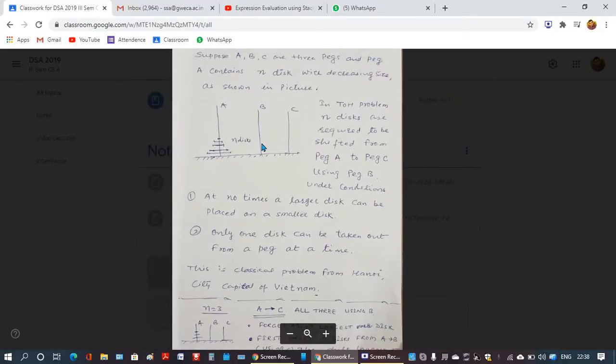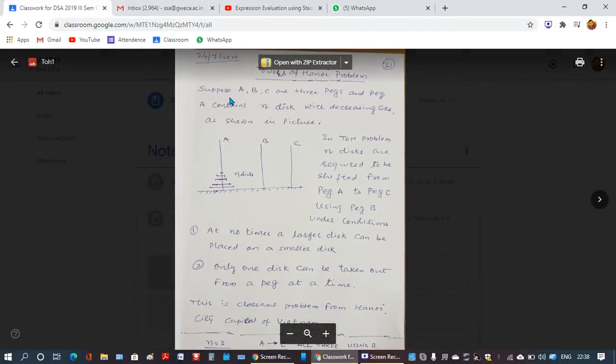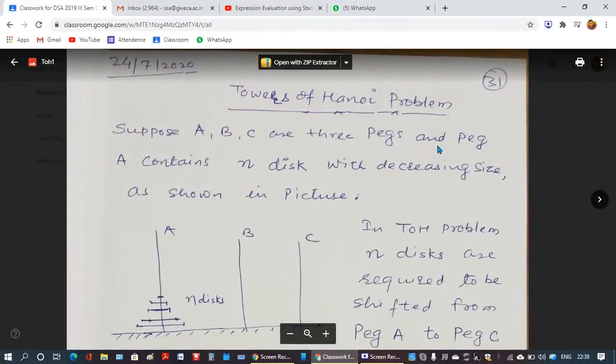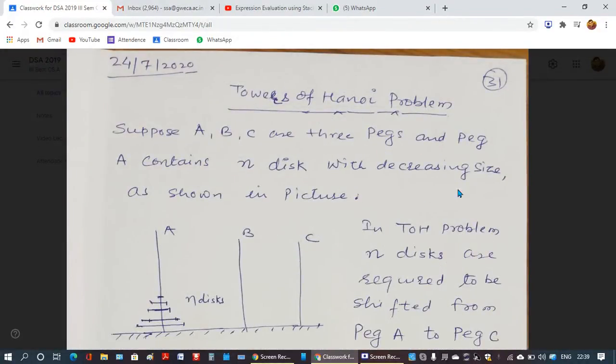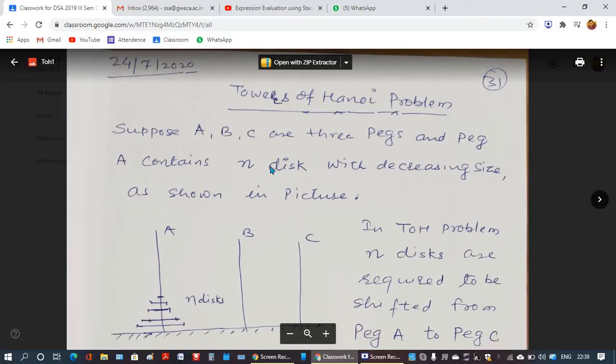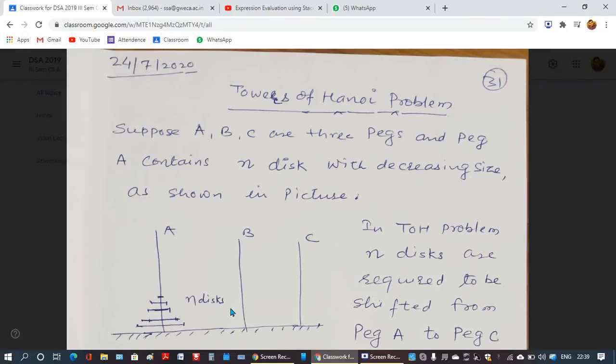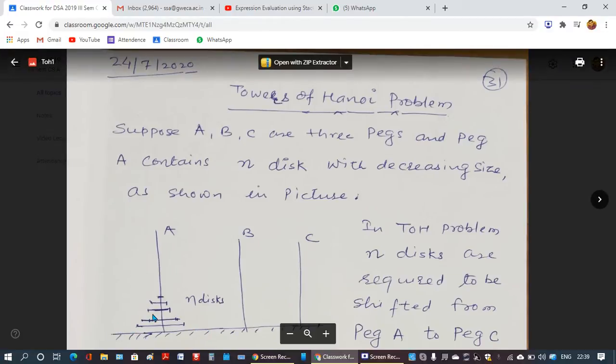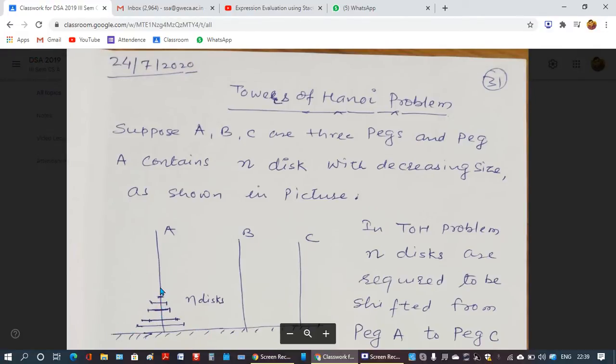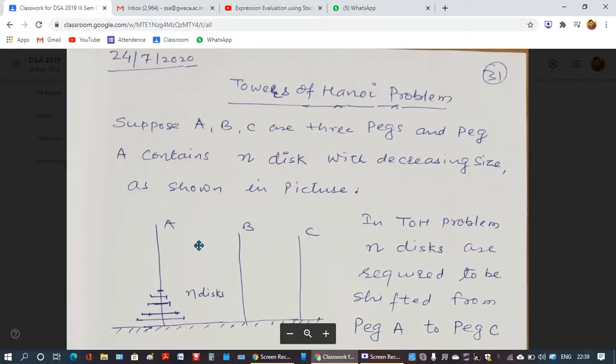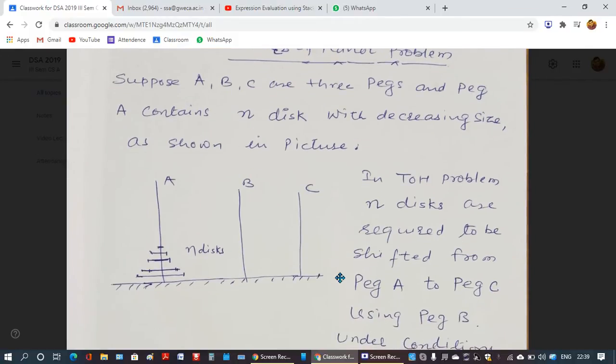So let us read out this problem statement. Suppose A, B, C are three pegs and peg A contains n disks with decreasing size, means the largest disk is below, and then disks are stored in decreasing size as shown in this picture.